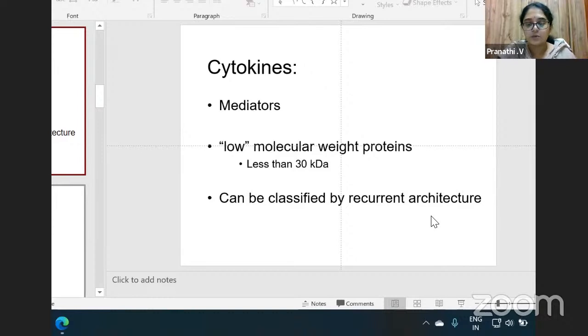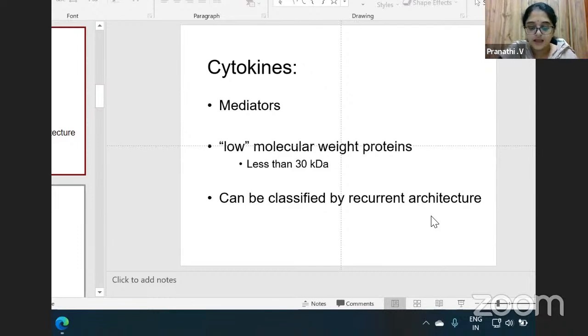They act on cells in the vicinity, or on the same cells from which they are produced. The exceptions are interleukin-1 and interleukin-6, which can mediate release of complement proteins from the liver. So interleukins 1 and 6 are far-acting cytokines.